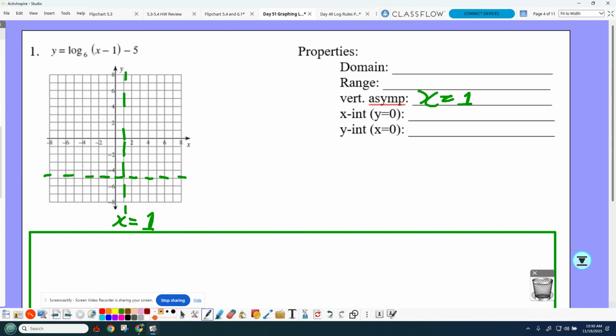Tessa, can you put up what the domain would be? And Leah, can you put up what the range is?